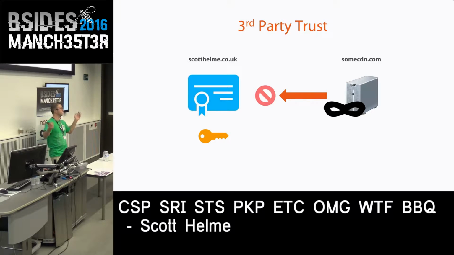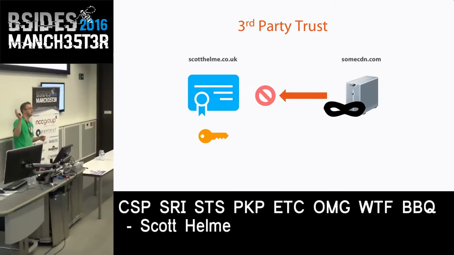So it will say, load it from the CDN, something went wrong, okay, load jQuery from my domain instead as a backup. So you can have a fallback as well with SRI. If the CDN does do something bad and changes the file, then you have a backup option and don't have to worry about your website going offline, which is something a lot of people worry about, but when you think about it, if the CDN's changed the file, then we probably don't want to be carrying on anyway.